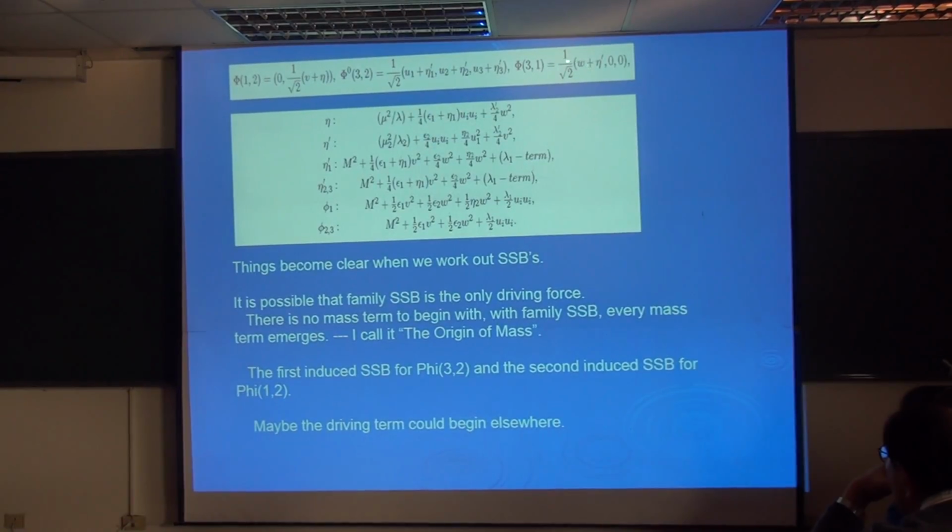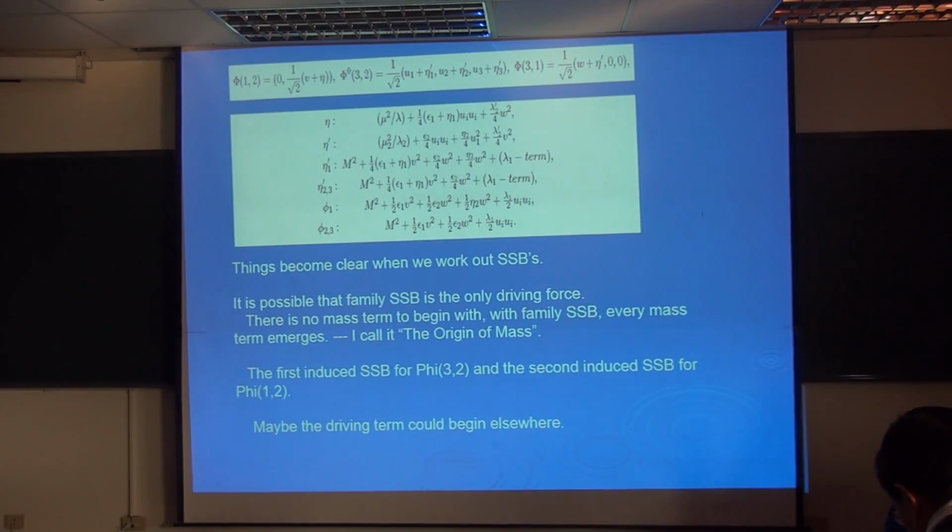And also this one. The triplet has 6 independent components. So 5 of them get eaten by the gauge boson. So only 1 remains. So you can work it out.